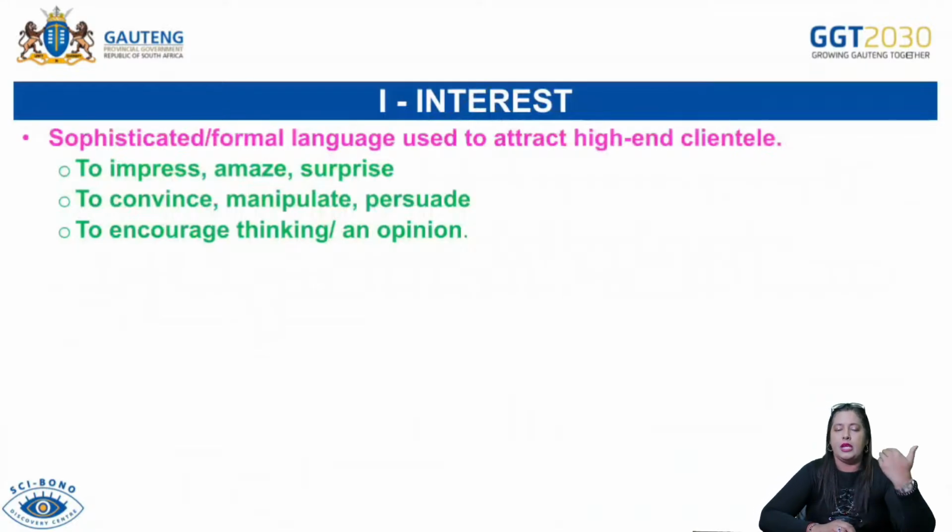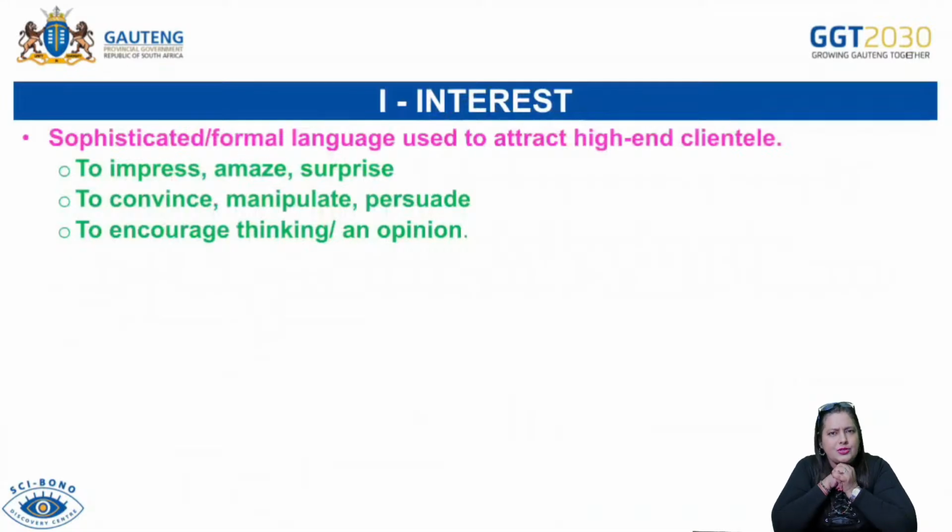He may be using sophisticated language or formal language that is maybe for the higher end of the realm of people. So in other words, the professional people, the academics, all right? Those ones that would have particular terms being used in their fields of study. He would be using that.